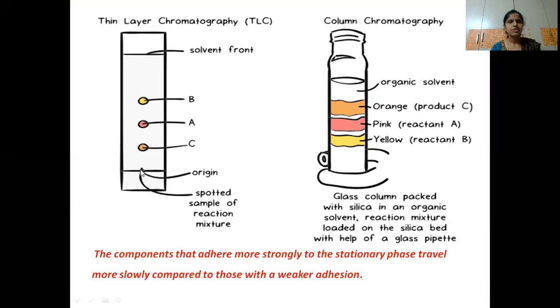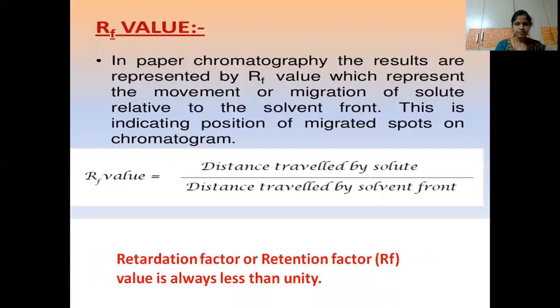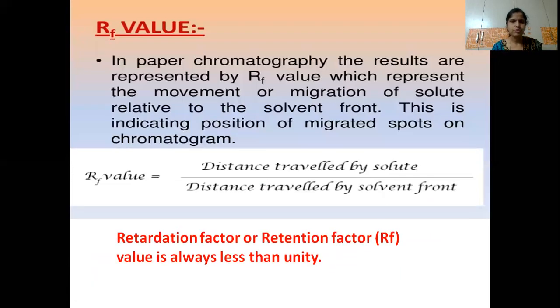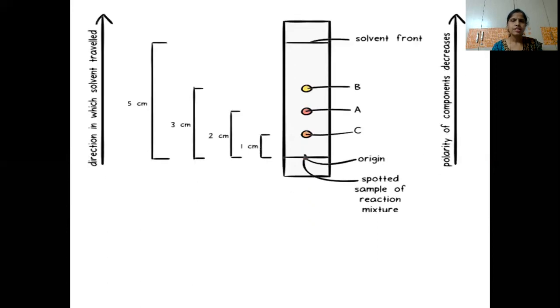This is the origin line, where the samples have been loaded, and after the experiment, we need to measure the distances. So this is the solvent front here. That means the distance traveled by the solvent from the origin is taken as the solvent front. Now, to calculate RF, we need to measure the distances. So here the distances have been measured.